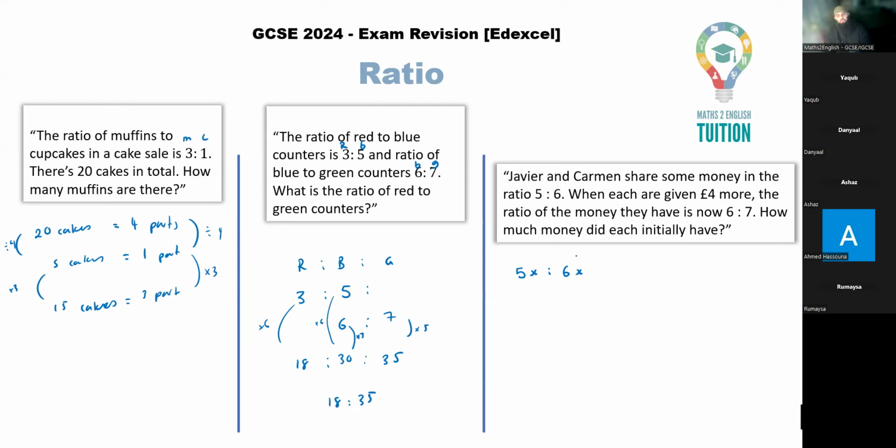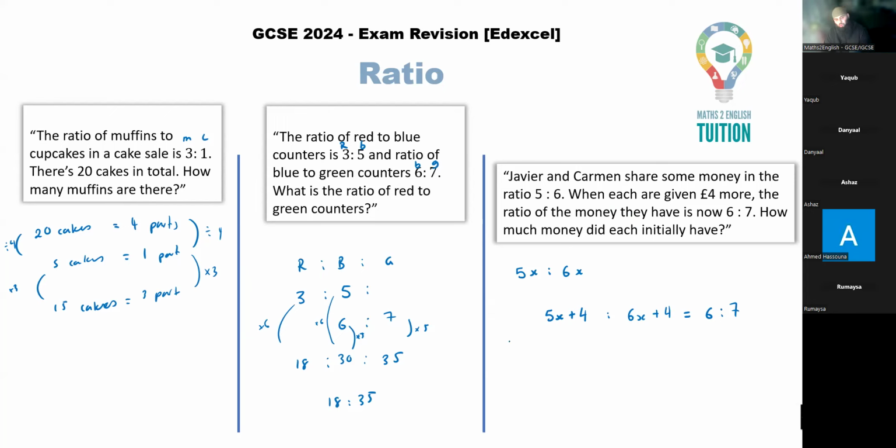They are each given £4 more, so after giving £4 more, we have 5x plus 4 and 6x plus 4, and we know that the ratio now is equal to 6 and 7. So 5x plus 4 is 6 parts, and 6x plus 4 is 7 parts.